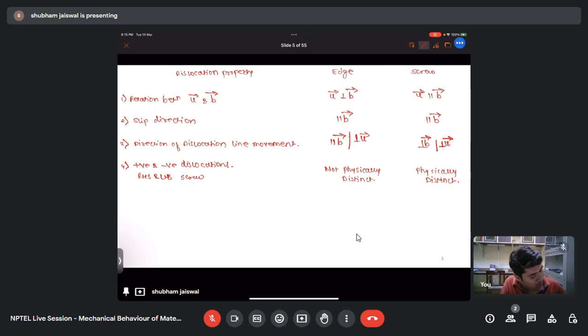And the fifth thing that we have seen is what are the processes by which the dislocation can leave a slip plane. This we have not studied in detail, but just for your rough idea, I am writing it down.